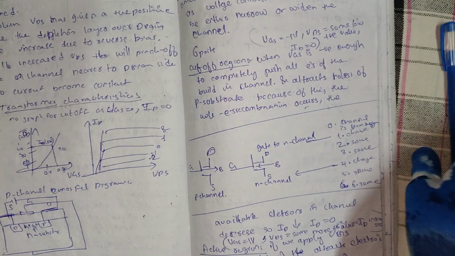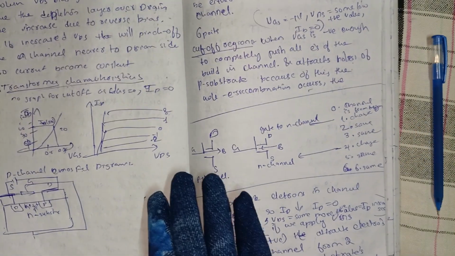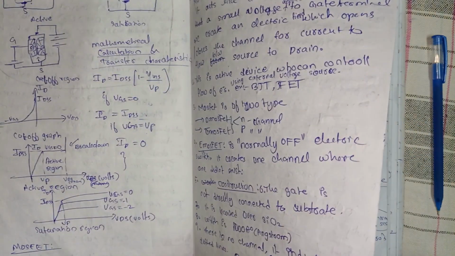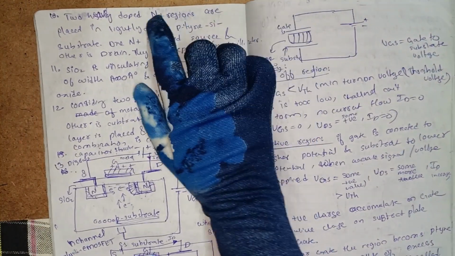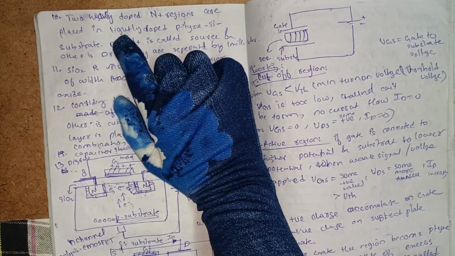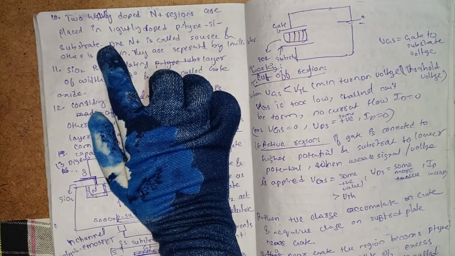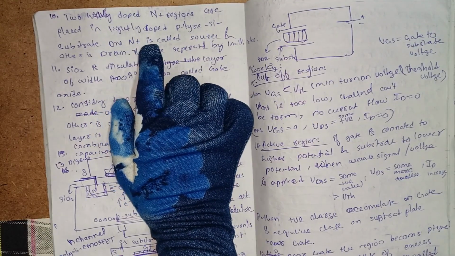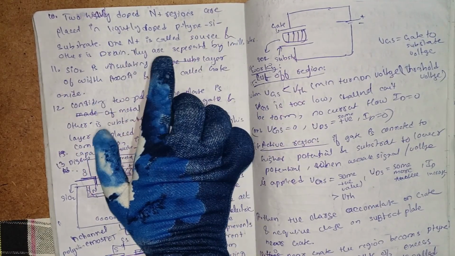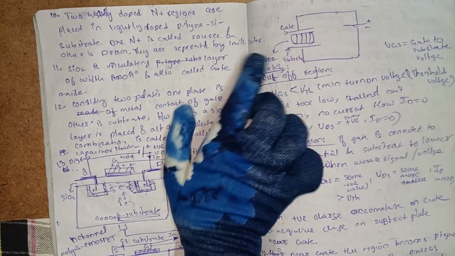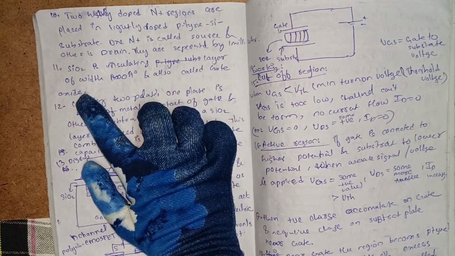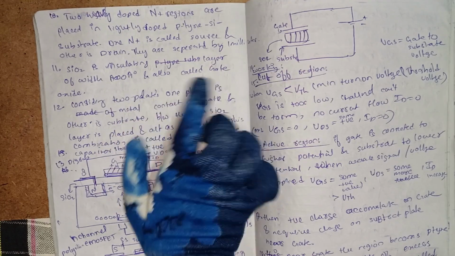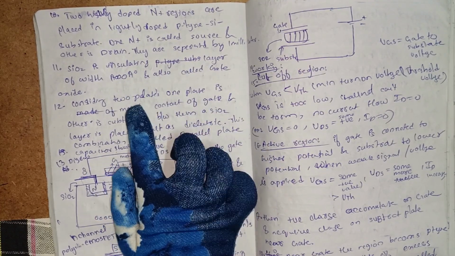Okay. Two heavily doped N plus regions are placed in a lightly doped P-type silicon substrate. One N plus region is called the source and the other is the drain. They are separated by 1 millimeter. And silicon dioxide is an insulating layer of width 1000 angstrom, also called gate oxide.